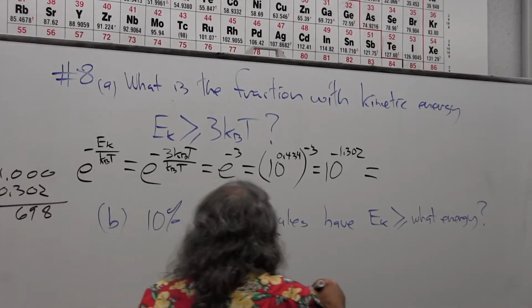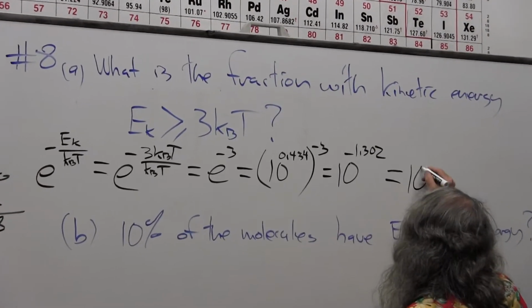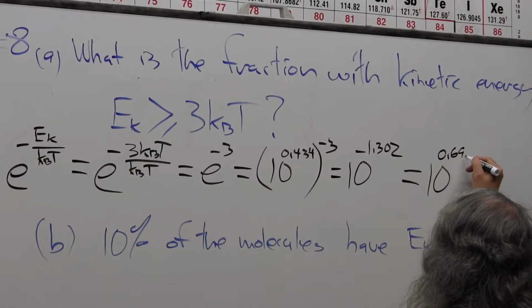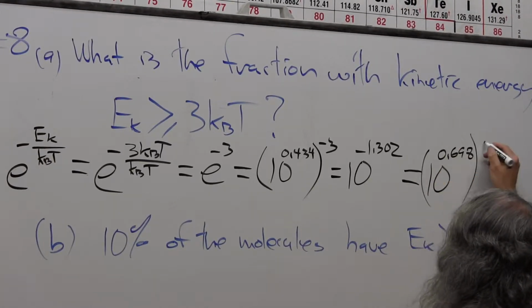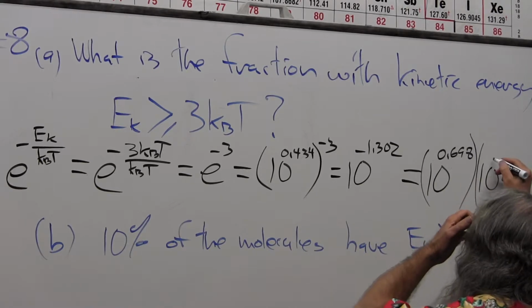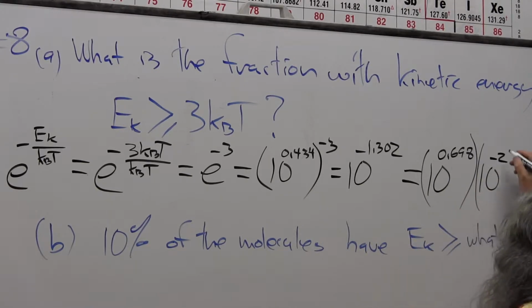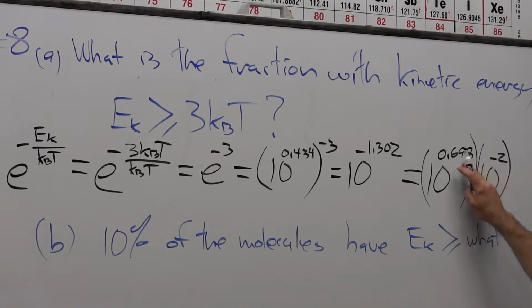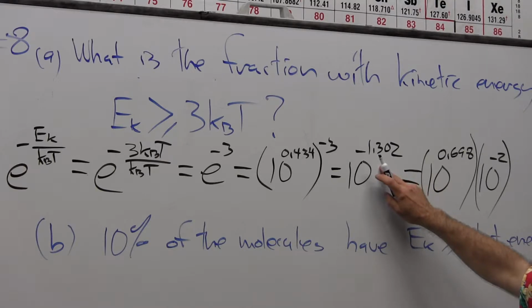So it's going to be equal to 10 to the 0.698 times 10 to the minus 2. This adds together to get this.